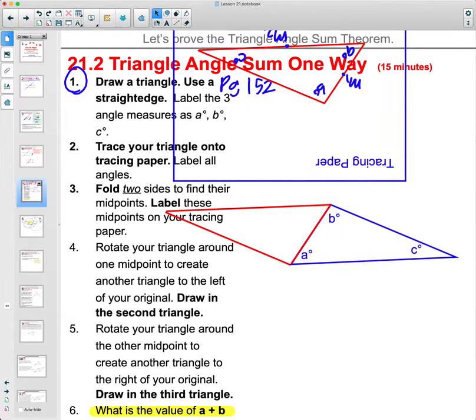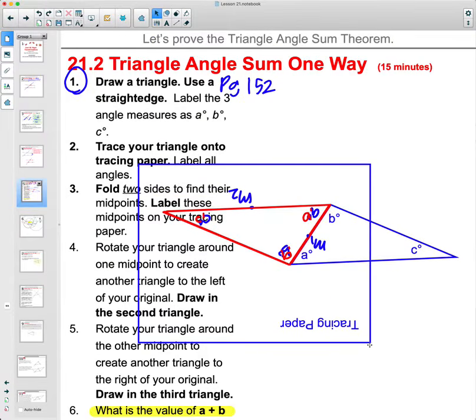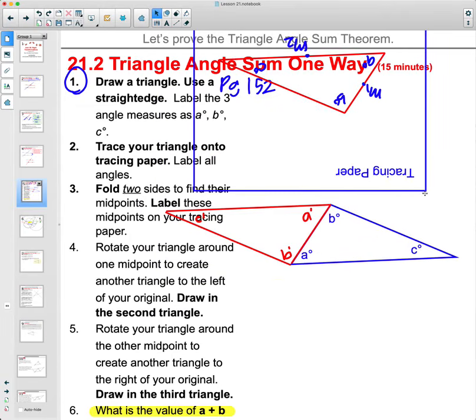You've drawn that new triangle in, labeling those angles. So this was B prime, this was A prime, and this was C prime. So you rotated this and got it drawn in your student workbook.